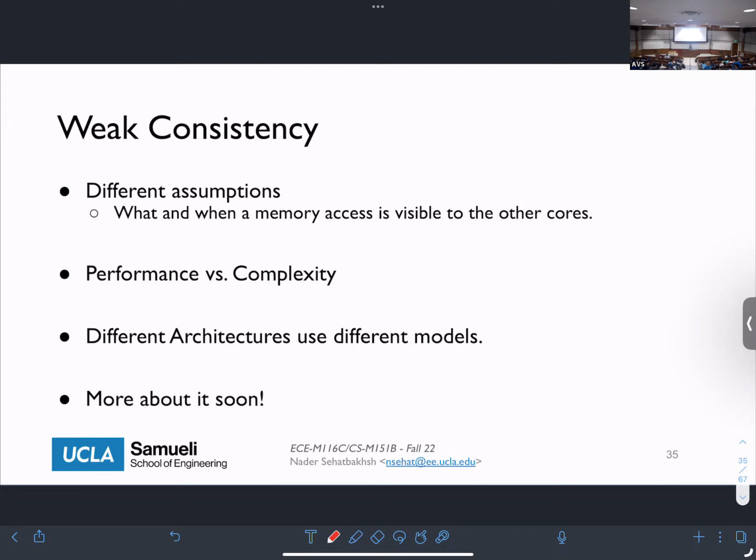But that also means that the programmer model would be very, very complex. So it's a trade-off between the performance you're going to get versus the complexity. And typically, different microarchitectures and different companies use different models. So Intel x86 is using TSO, but ARM, for example, is using a weaker consistency model. All right. I'll talk about one more consistency model in the next few slides.